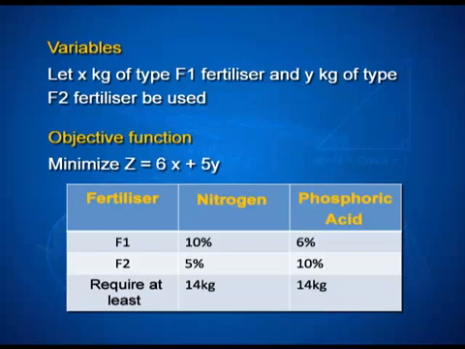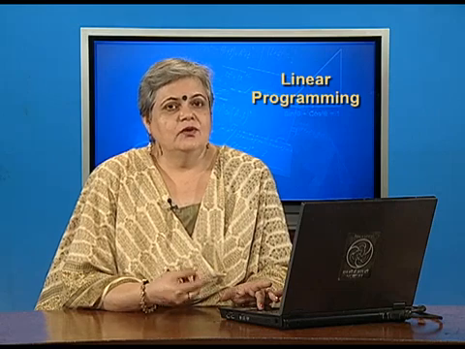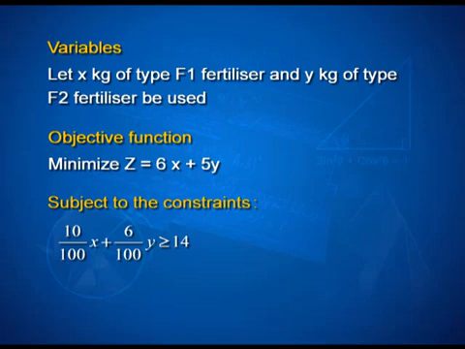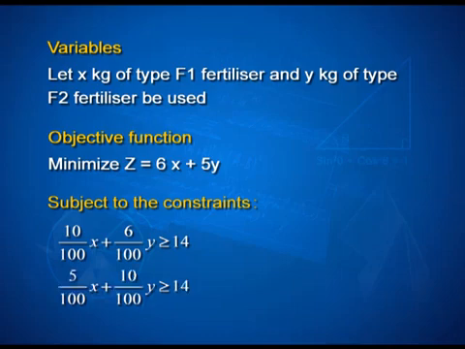Therefore, 10% of x plus 5% of y must be greater than or equal to 14 kg; at least gets converted into greater than or equal to. That is how you would get the constraints, which are 10 by 100 times x plus 6 by 100 times y is greater than or equal to 14, 5 by 100 times x plus 10 by 100 times y is greater than or equal to 14.